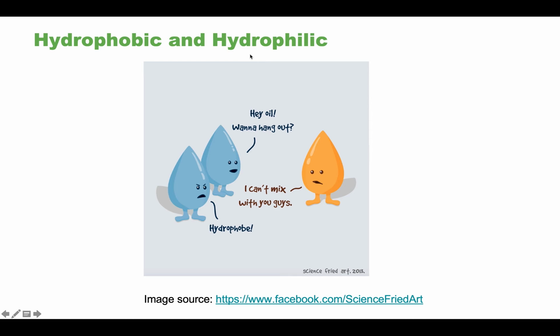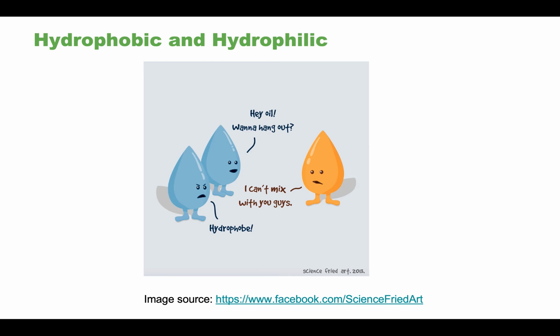On the other hand, molecules that can interact with water are hydrophilic. Another way of saying molecules that interact with water is to say they dissolve in water. We dissolve things in water all the time, like sugar and salt and a lot of things in real life. So why can we dissolve sugar and salt in water?